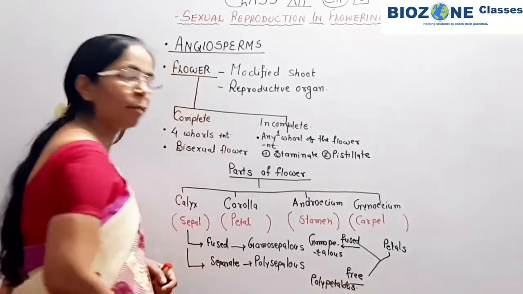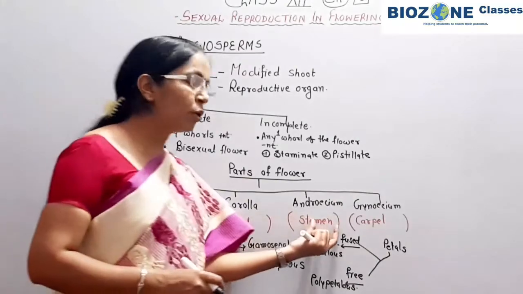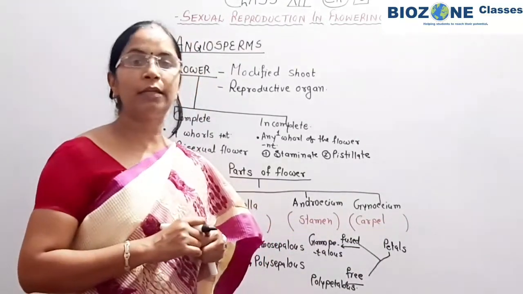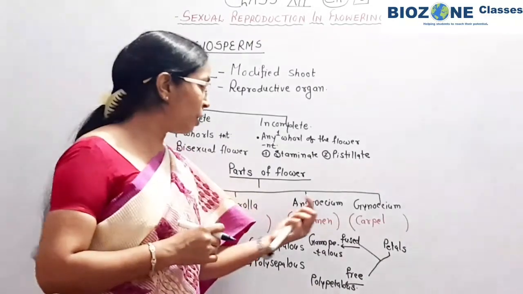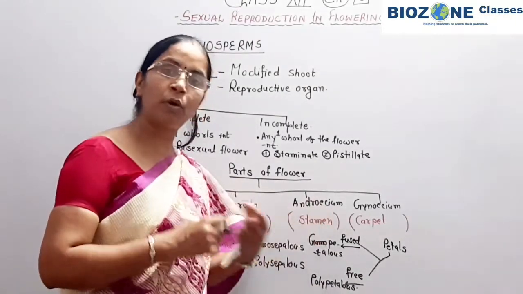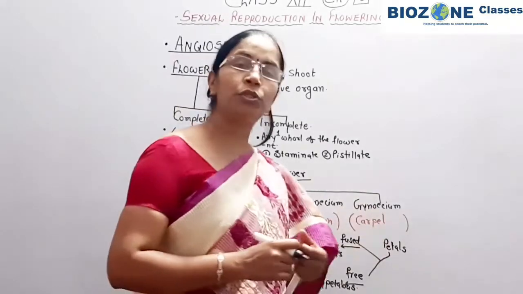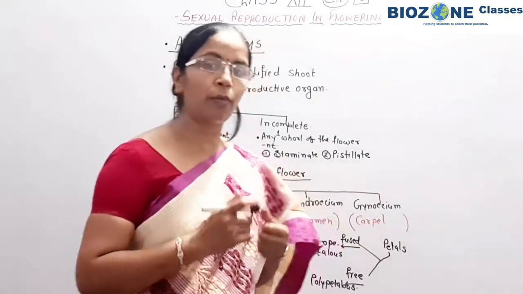So this part you remember very well. And about androecium and gynoecium, we will study separately in detail when we study the androecium or stamen as the male reproductive organ and gynoecium as the female reproductive organ.